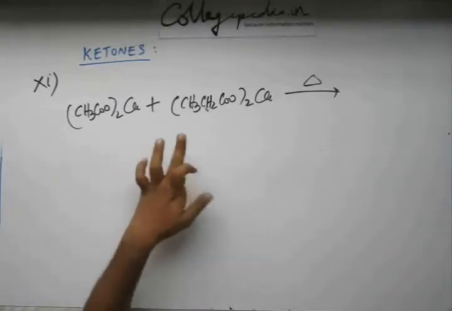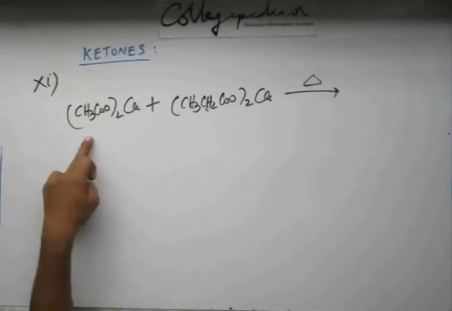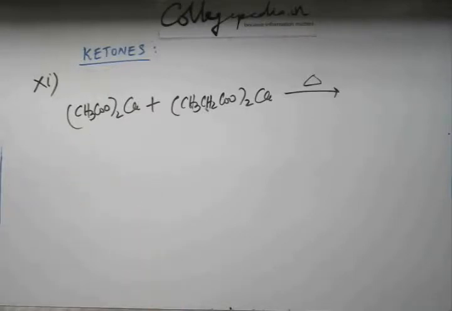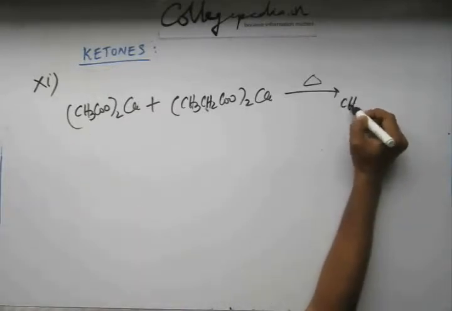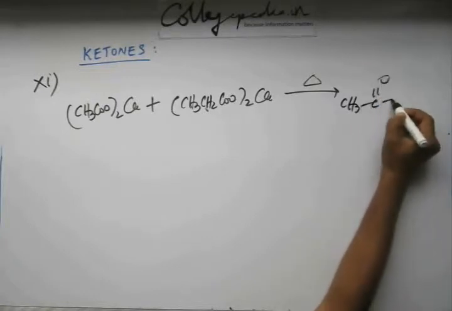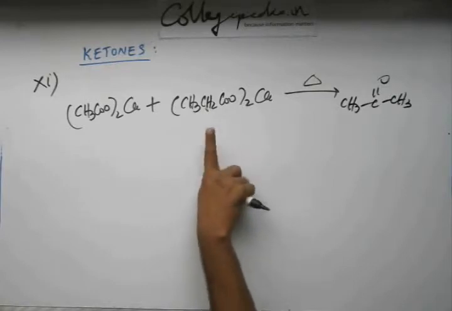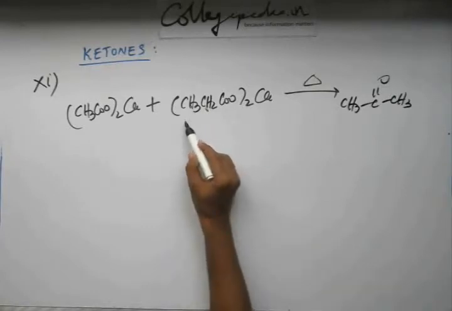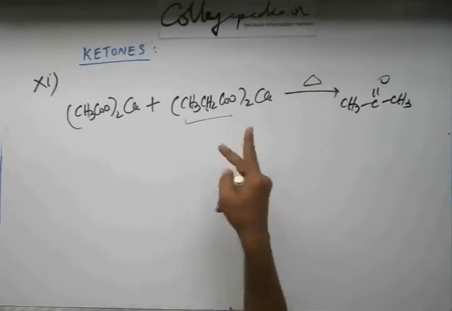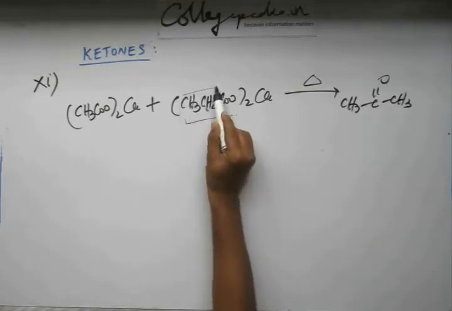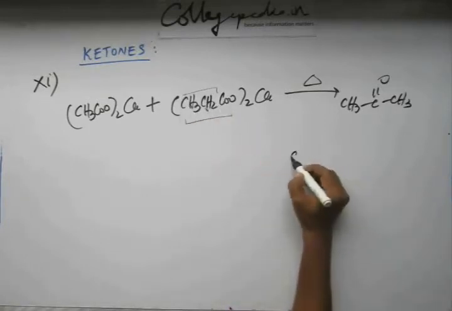Now this individually we have seen before. If ethanoate combines with ethanoate, that will result in acetone. If this propanoate combines with propanoate, then from here you can see 3 carbons, C double bond O, and then you'll have this part on the right hand side.